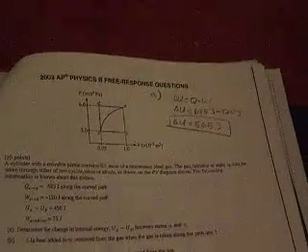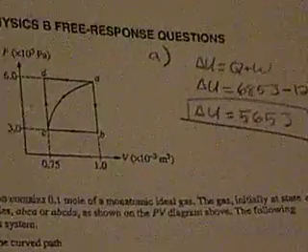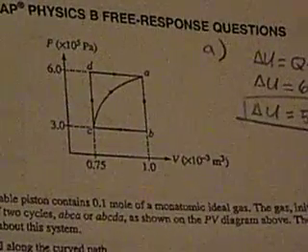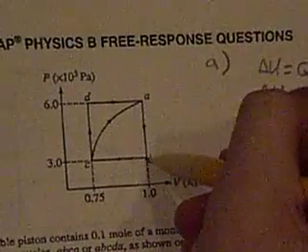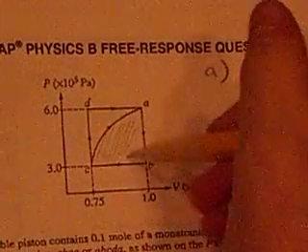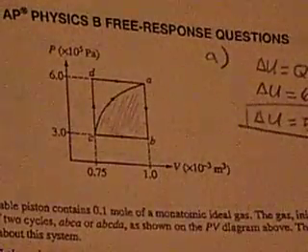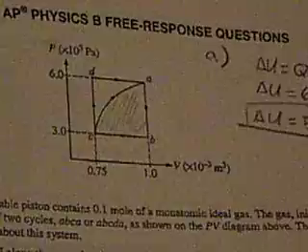So, let's look at path A, B, C. So we're going from A, which is up here, B, which is down here, and then C. So, this shaded area. Is heat added or removed?